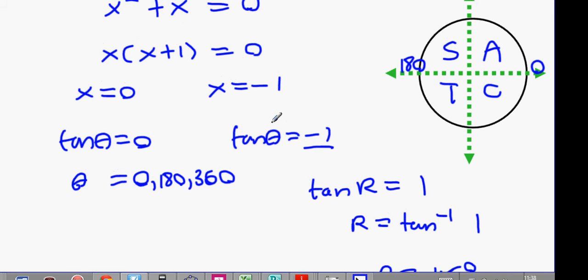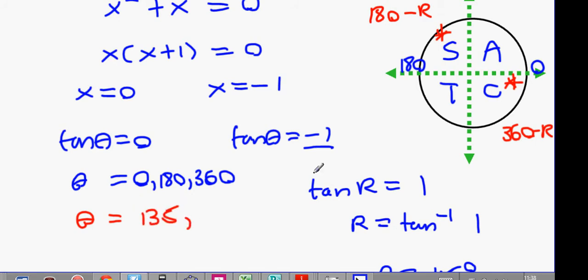If tan is negative, what's the two quadrants we need? Second and fourth. What's the rule for the second? 180 minus reference. And what's the rule for the other one? So the next two answers are going to be 180 minus 45, 135, and after that 360 minus 45, 315.